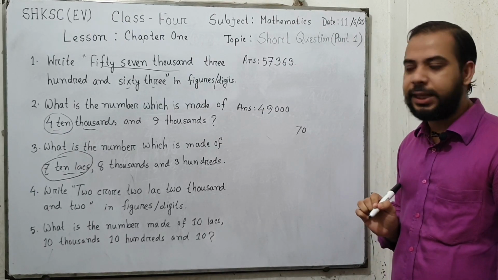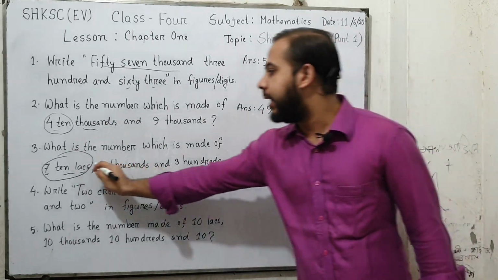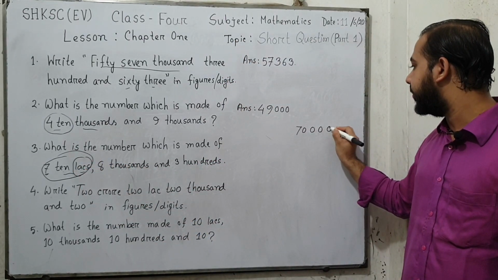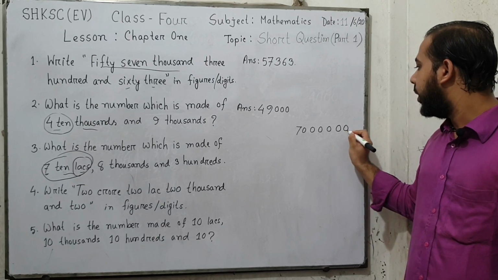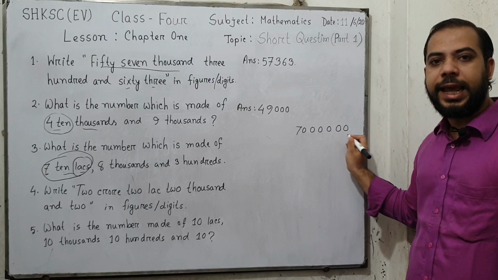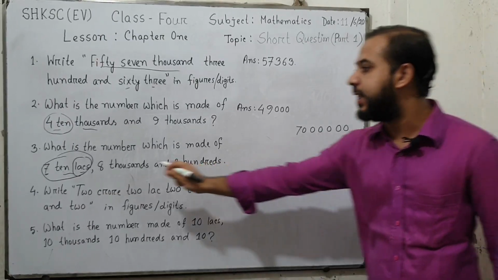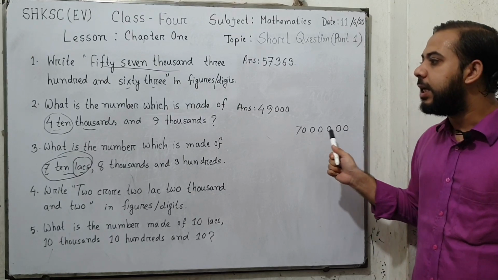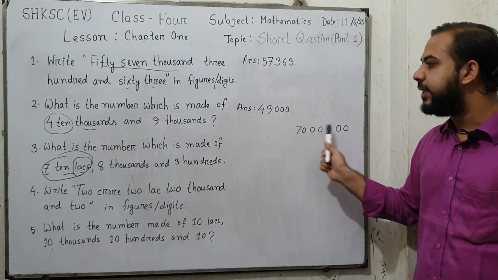We write 70 and then we know that for lakhs we use 5 zeros. So here will be 5 zeros. So this will be 70 lakhs.